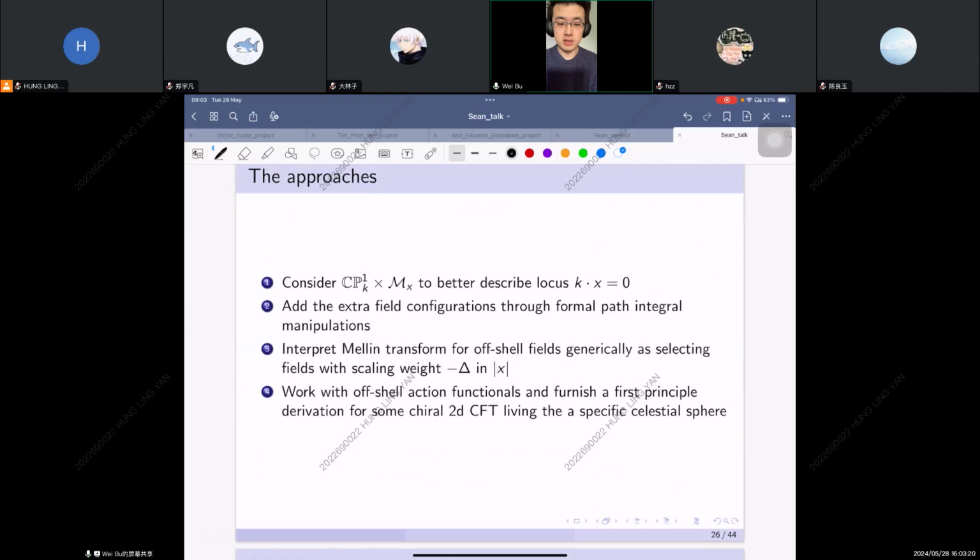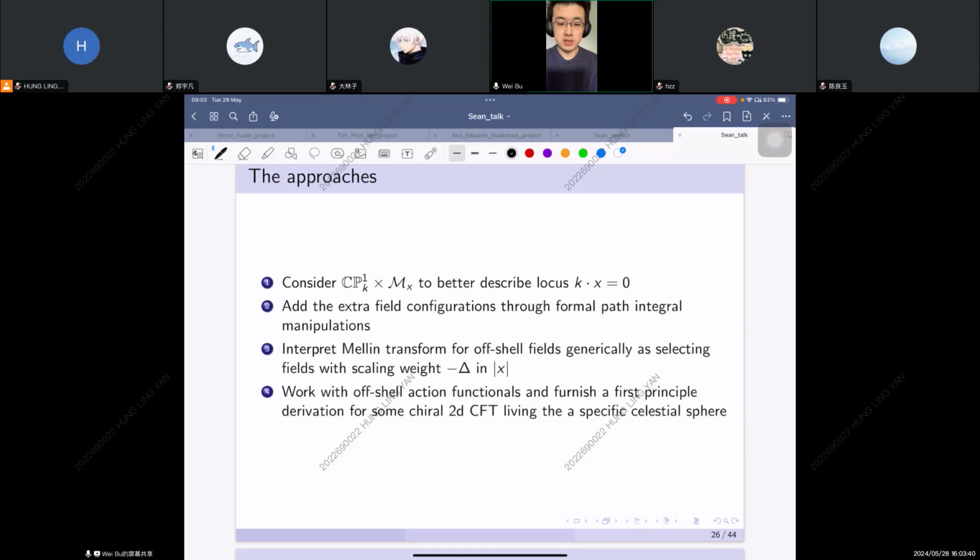So we add all these extra field configurations by doing a very special gauge transformation. And on the level of path integral, something miraculous happens. And then after that, you have prepared your theory to be ready for these extra on-shell field configurations.